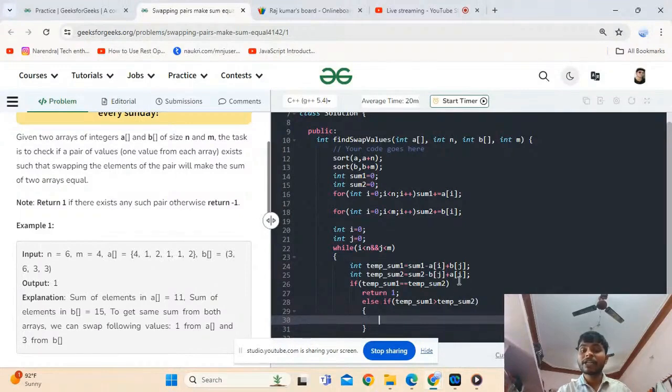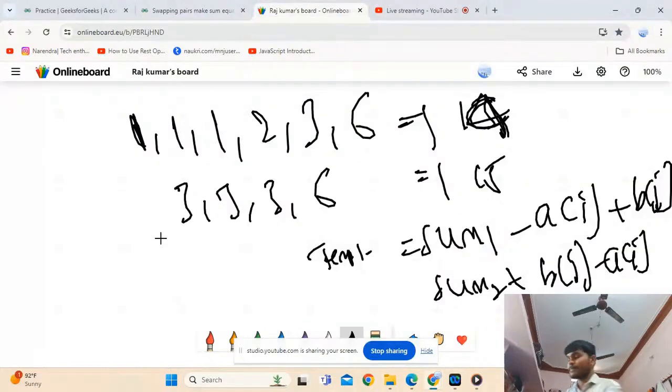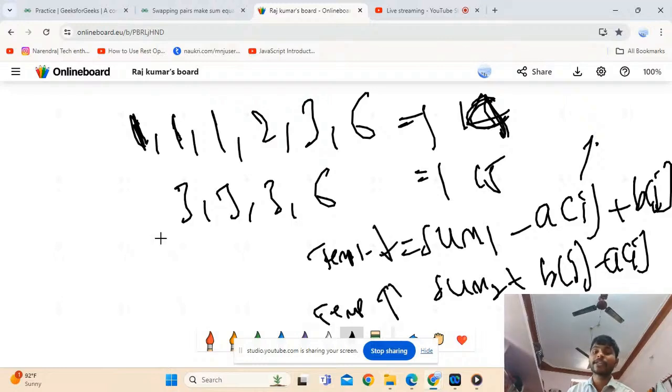Because if we move the I pointer to the next element, the element is greater than or equal to this number. So when we are increasing a of I, we are subtracting more value from sum 1, so sum 1 automatically decreases, and here we are adding more value, so this temporary sum 2 value increases.